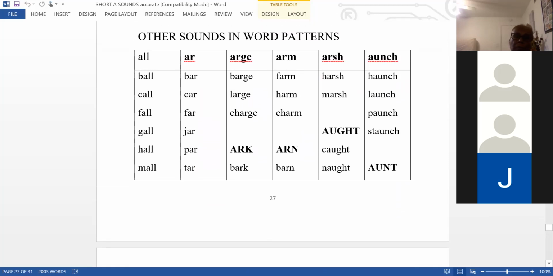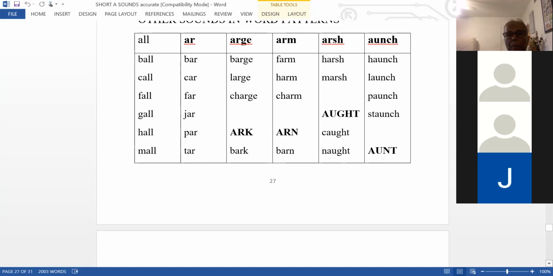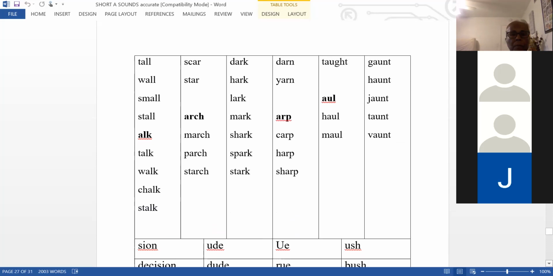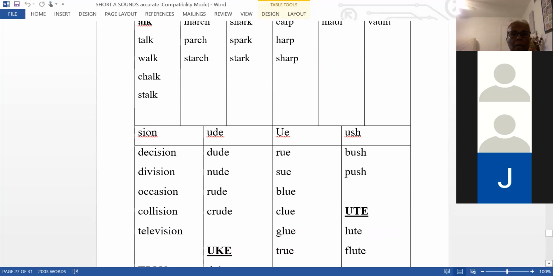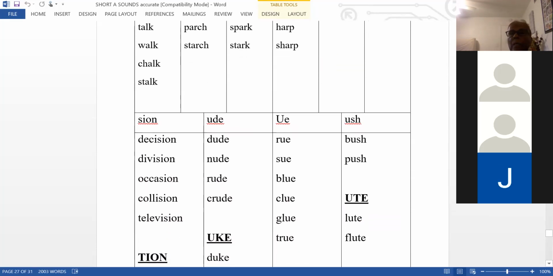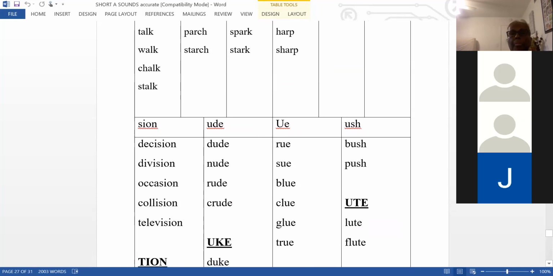I'm working with 10 to 12-year-olds who find problems pronouncing the words in their books. These sounds come up in their books and they don't know them.